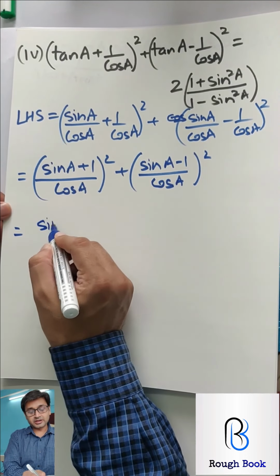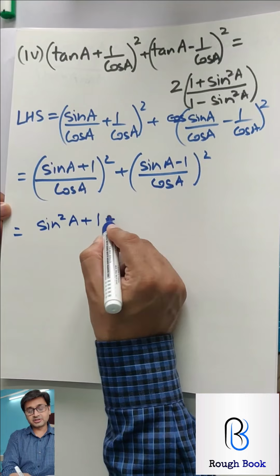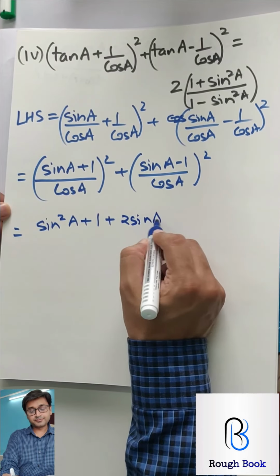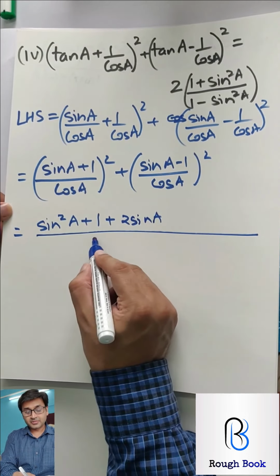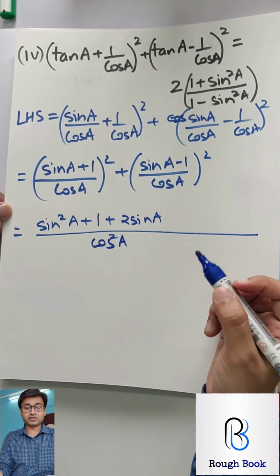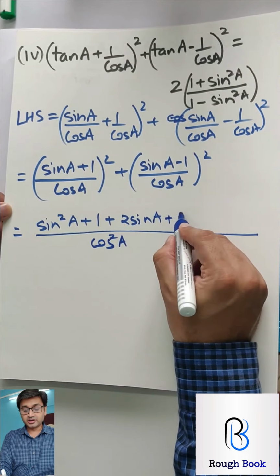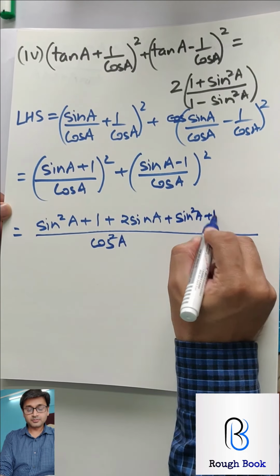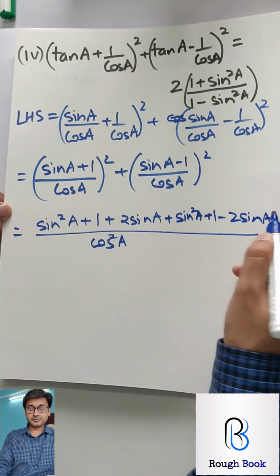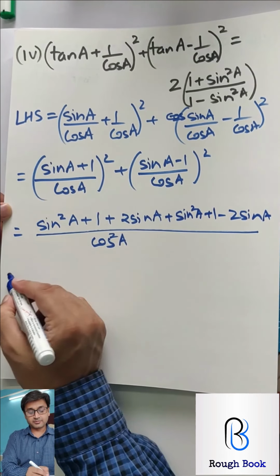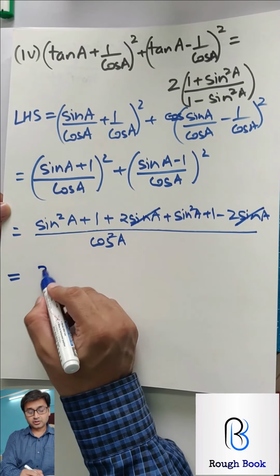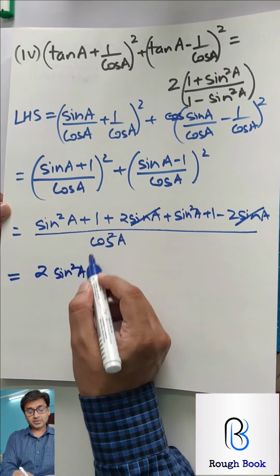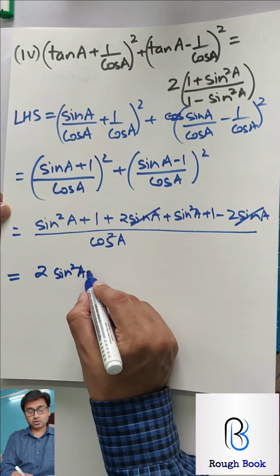So I'll get a square plus b square plus 2ab. Denominators both are cos square, so I can skip a step and right now only I can write cos square and write this here only. So again plus a square b square 2ab. So I have merged both of them in this step only. So I will get 2 sin A plus minus cancel, 2 times sin square A plus 2. So I am pulling out 2 common.